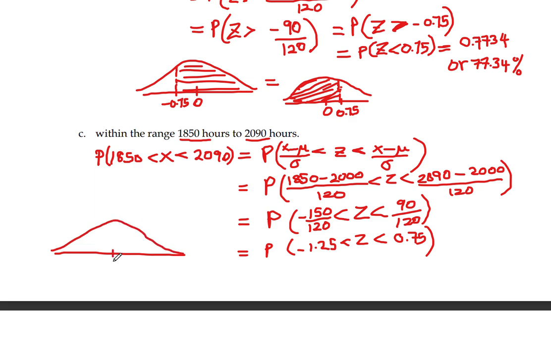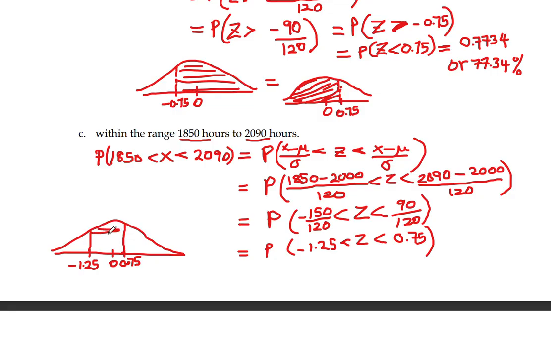So of course the value in the center is going to be 0. To the left of 0 is going to be negative 1.25, but to the right of 0 is going to be 0.75 positive. And then I'm going to shade this entire area. So I'm going to go upwards from negative 1.25, and I'm going to go upwards from 0.75 positive.